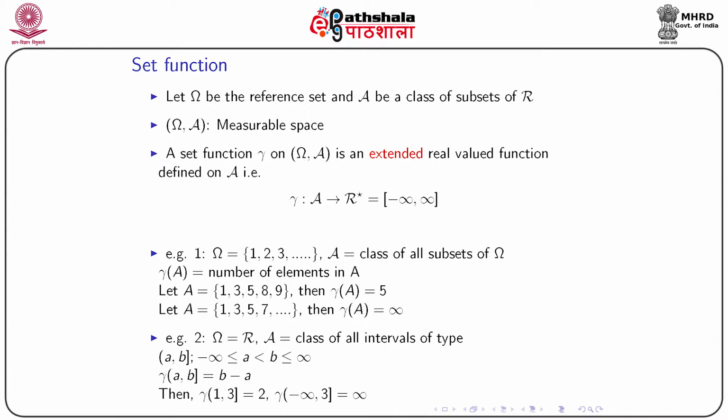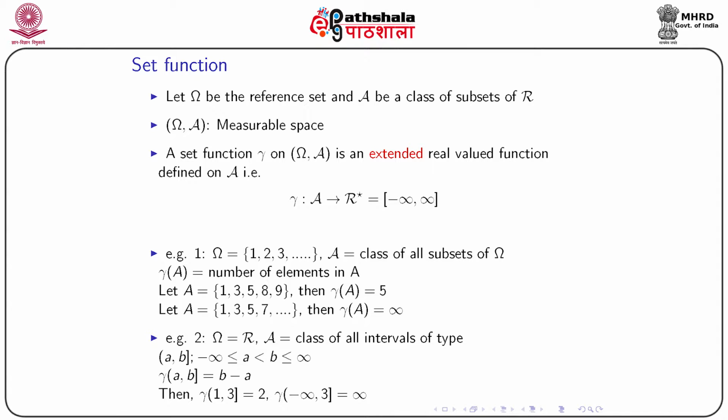Let us talk about a few examples. Suppose the reference set omega consists of natural numbers 1, 2, 3, 4 and so on, and script A consists of all subsets of this omega. So this is a class of sets constructed from subsets of omega. Now if we define the set function gamma of A as the number of elements in A, that is my set function.